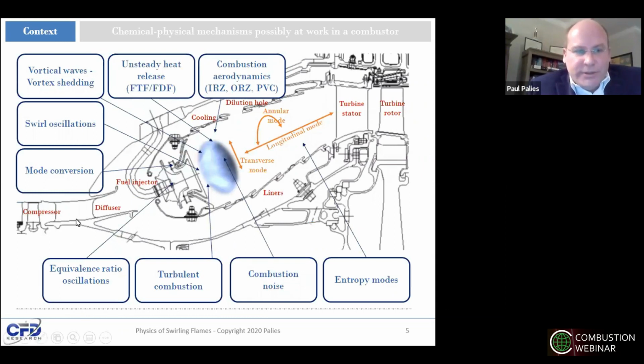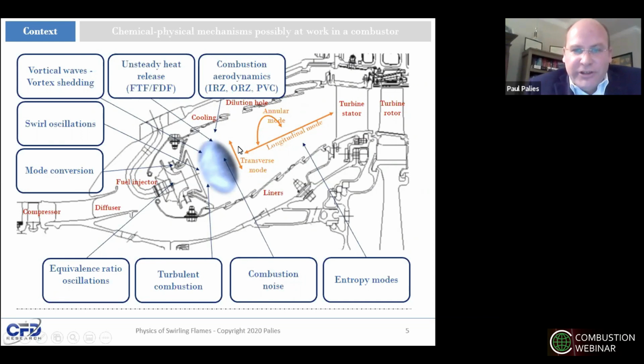So you see the compressor outlet here with the diffuser, the fuel injector, where the fuel is brought to the combustion zone. You see the liner, which is this thin metal sheet where the cooling air is conducted. You see the dilution hole there, where a significant portion of the air mass flow is flowing through to cool down the combustion products before they go towards the turbine stator, and then you see the turbine rotor downstream.